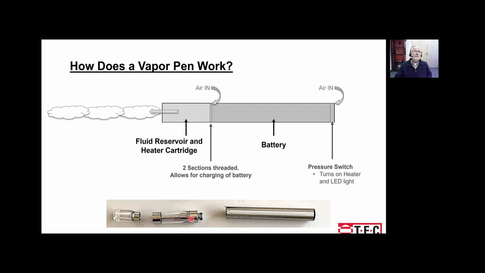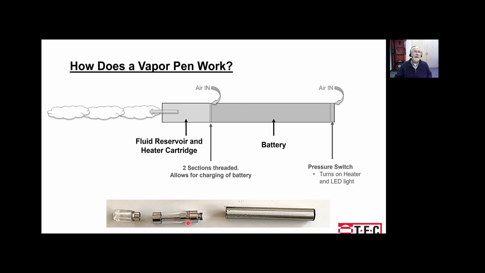So here you can see this is the cartridge, and this one is clear, and you can put liquid fog fluid in that cartridge. The actual heater is right in this area, and you probably can't see it, but there are some little holes drilled, and when you look in those holes you can see a white substance.